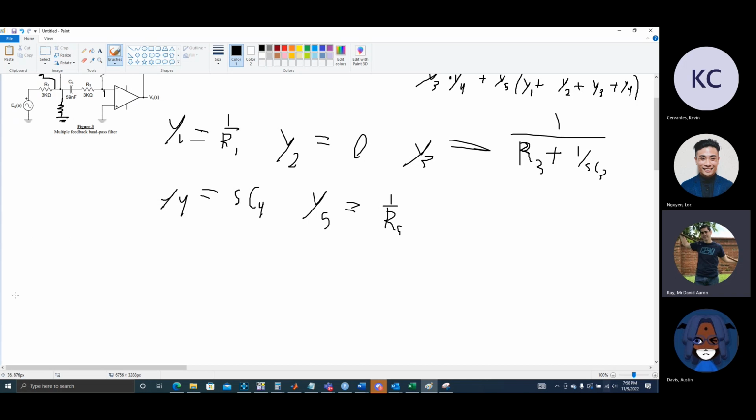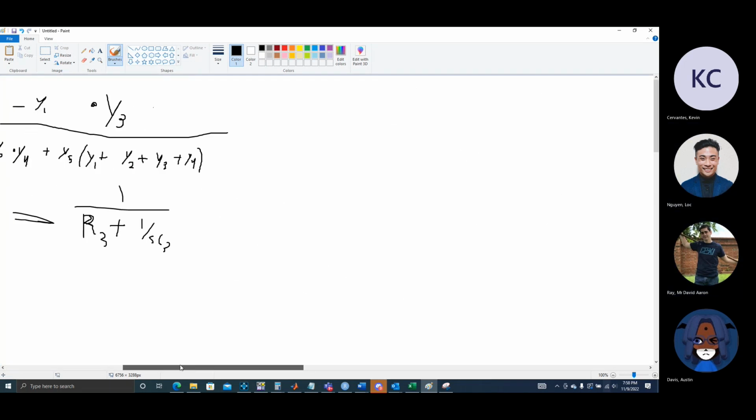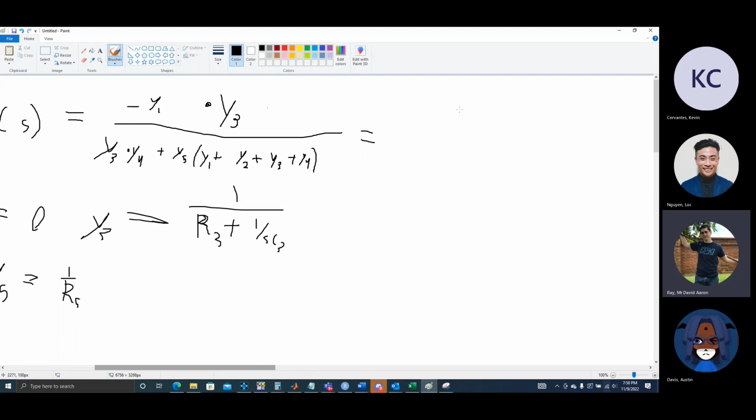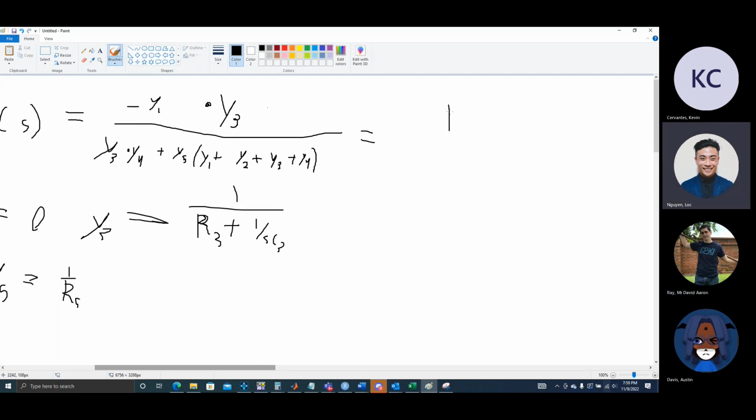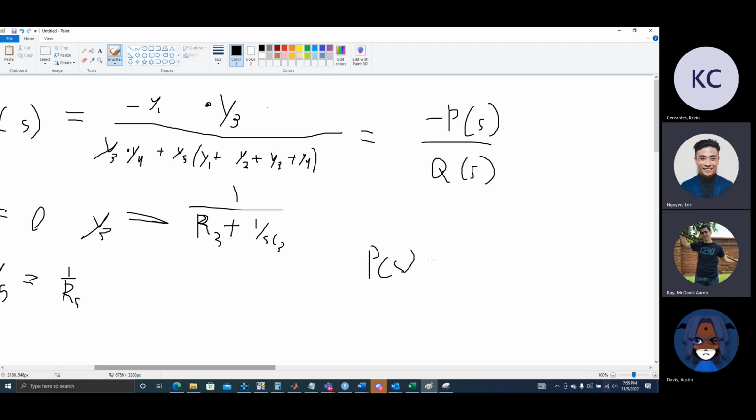Because what he does is he says that this equation is really equal to P of S, or negative P of S, over Q of S. And then P of S, whenever you multiply it out, equals G1 S C3 over S R3 C3 plus 1.